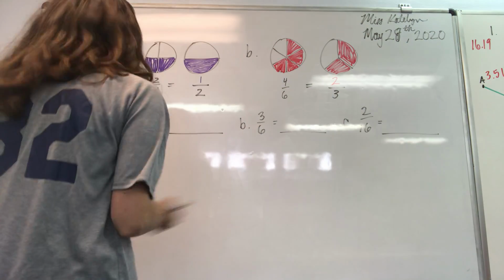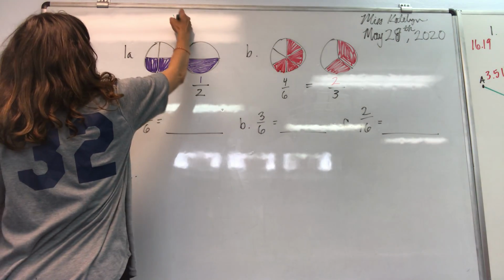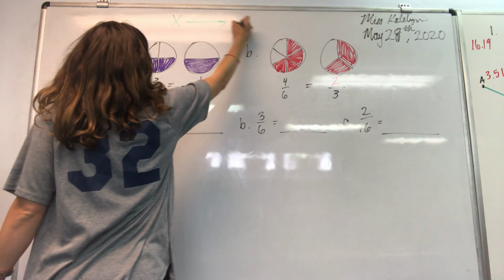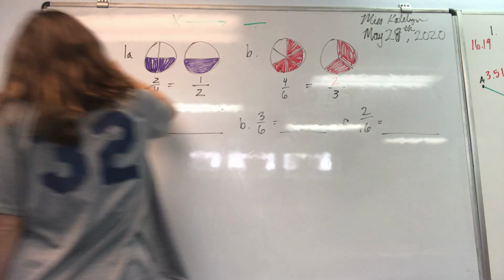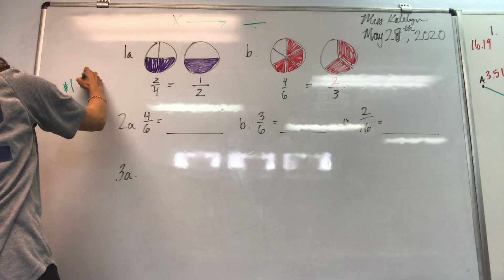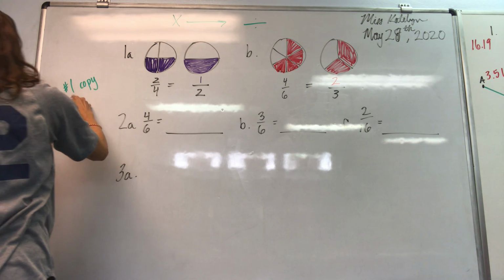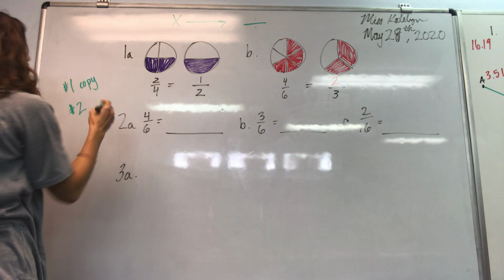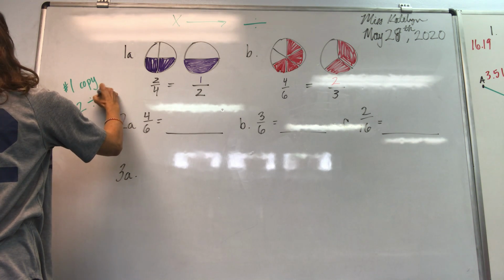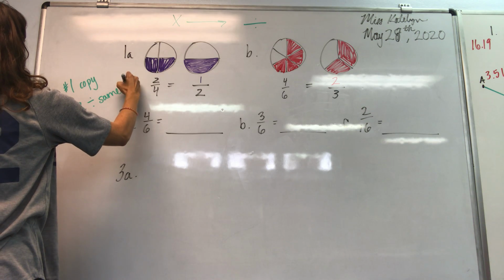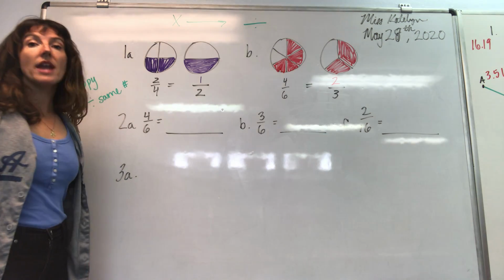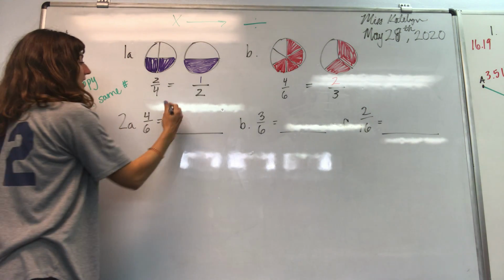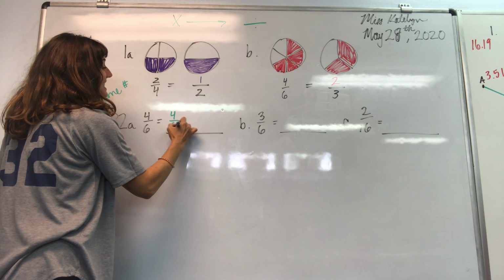All right. The opposite of multiplication is division. So yesterday, step number 1, we copied the fraction. And step number 2, we multiplied by the same number. And today we're going to divide by the same number, okay? So step number 1, copy 4/6.